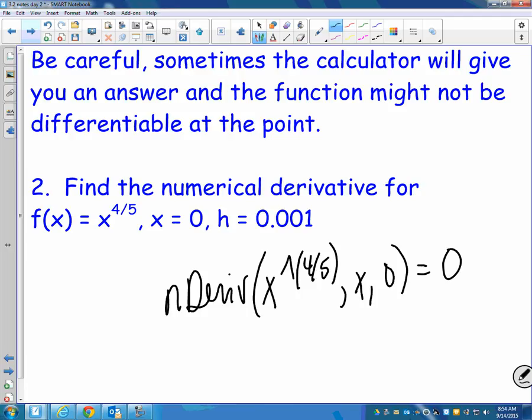Now go to y equals and graph that function. So graph x to the 4/5. I'm kind of all zoomed in here, but it appears to be either a corner or a cusp.